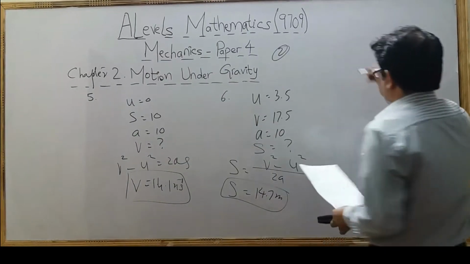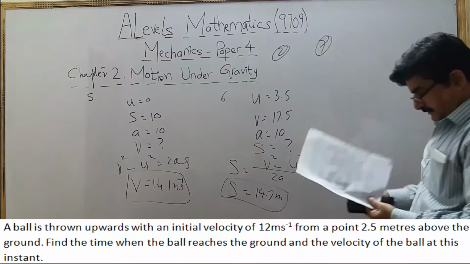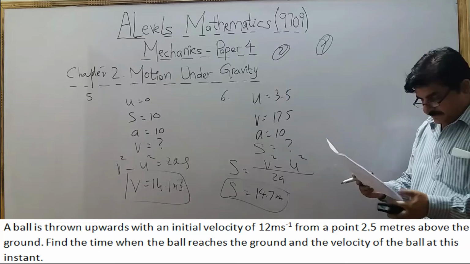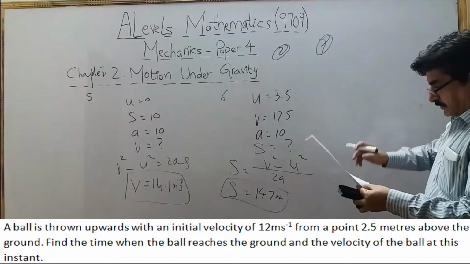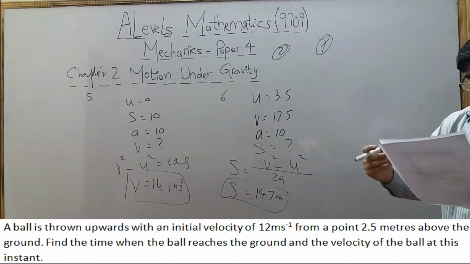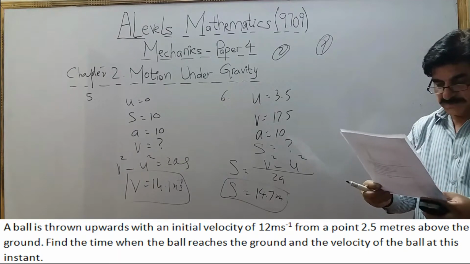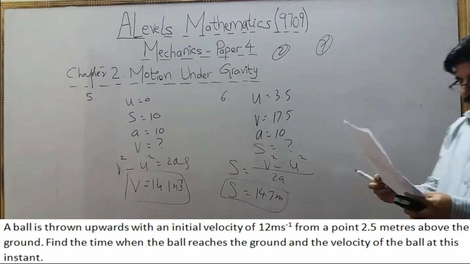Then we have the next question, question number 7. Read the question please. A ball is thrown upward with an initial velocity of 12 from a point 2.5 meters above the ground.